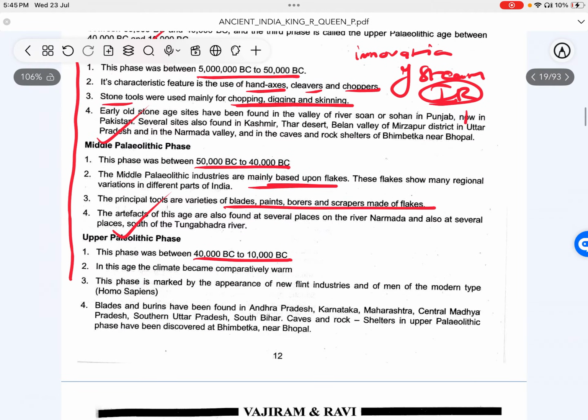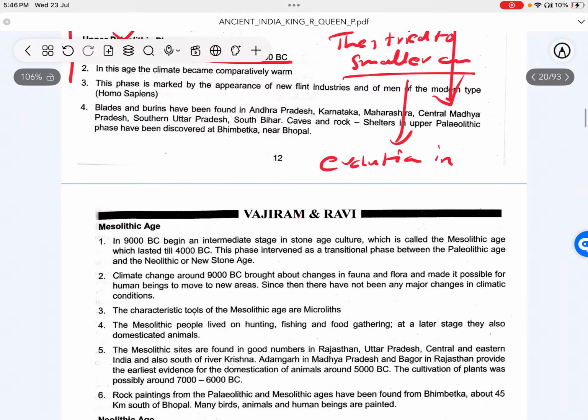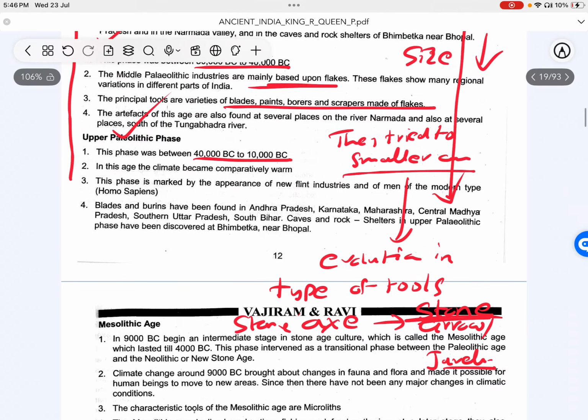You can clearly observe the size decreasing because they tried to hunt smaller animals, and the evolution also happened in the type of tools, like stone axes, stone arrows or javelins, whatever it may be. These are basic descriptions.